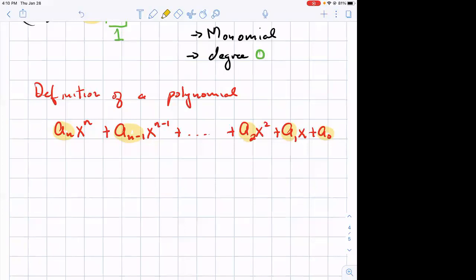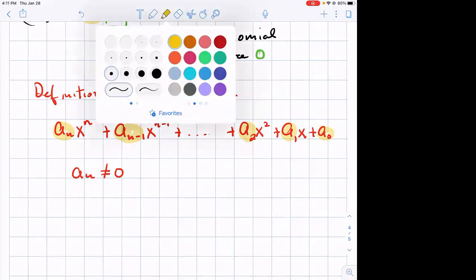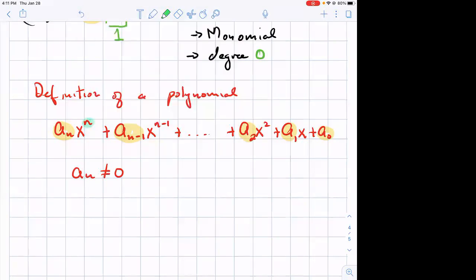Something to note is that a_n cannot be equal to 0. Any one of those a_n terms shouldn't be 0. Or it can be 0, but we wouldn't write the term, okay? And the degree of the polynomial, n minus 1, going all the way up to 2, followed by the 1, and followed by a 0.